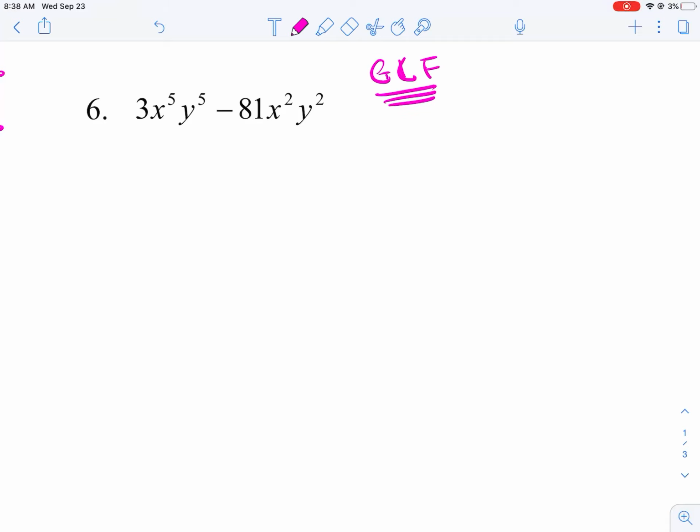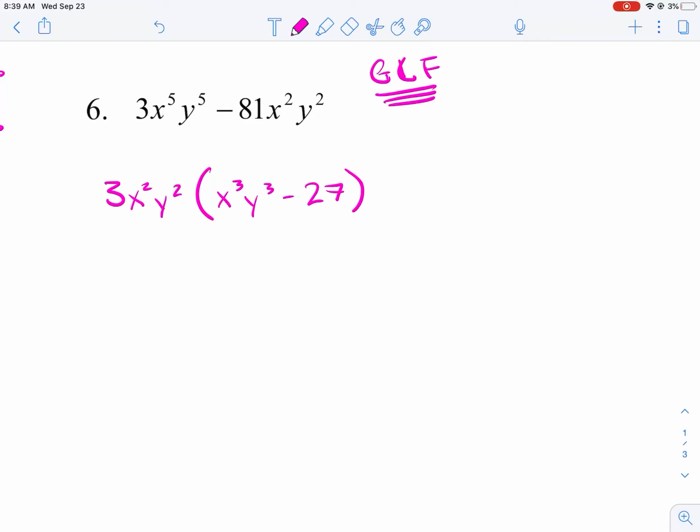So 81 divided by 3 is 27. So I'm going to take out a 3. I'm also going to take out an x squared and a y squared, because why not? They both have them. I want to take out everything. And I'm left with x cubed and y cubed minus 27.